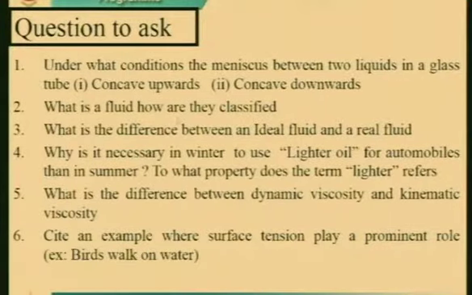I would like to ask you a small simple question, you can make a note of it. The first question is like this: under what conditions is the meniscus between two liquids in a glass tube concave upwards and concave downwards? Is it okay? Answer that.